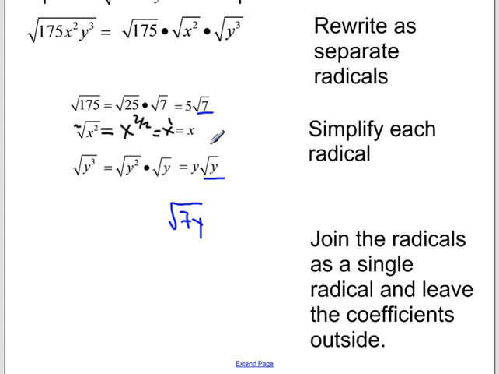So that's joining the radicals as a single radical. And now we're going to leave the coefficients outside. So the coefficients are 5, x, and y. So you get 5xy on the outside. So our final answer is 5xy radical 7y.